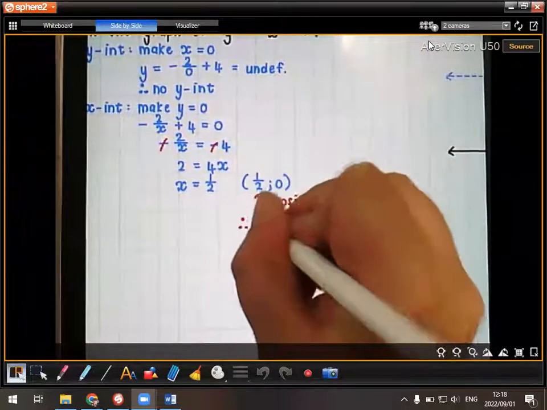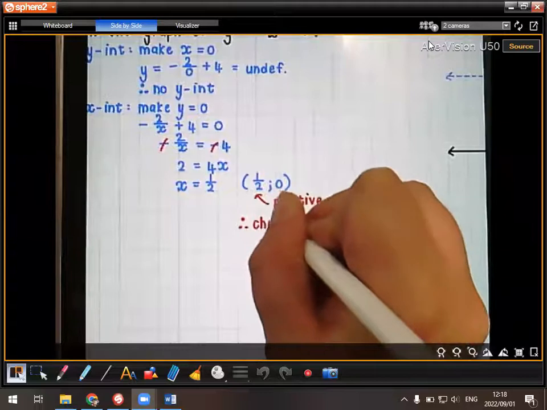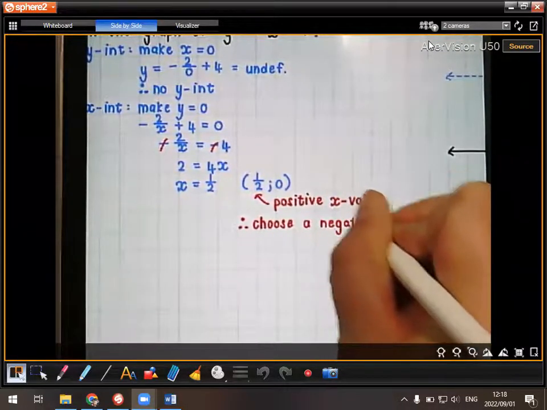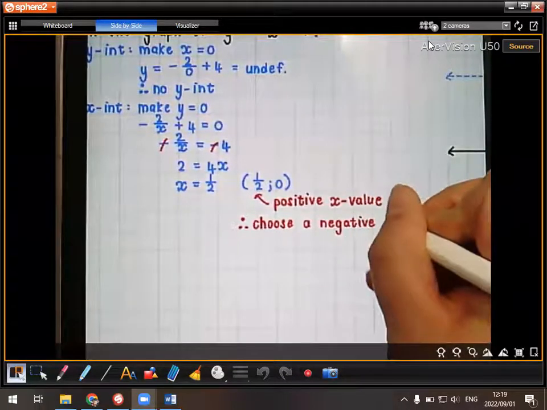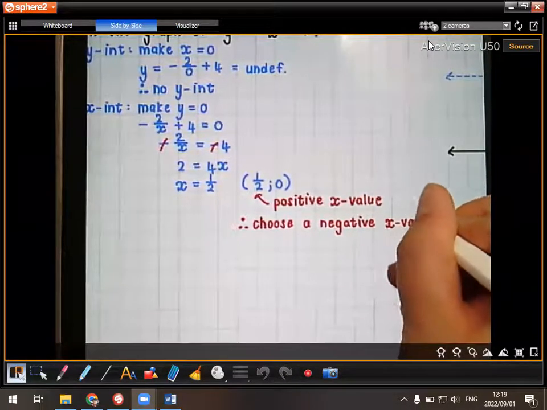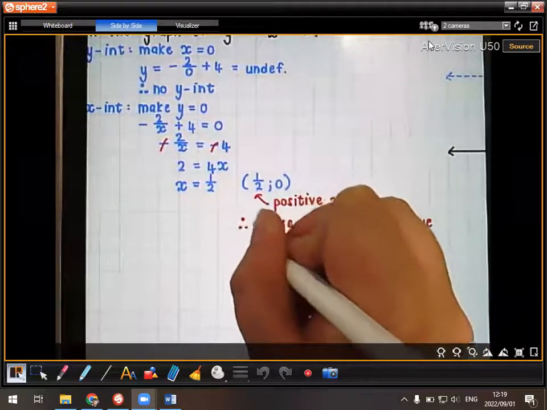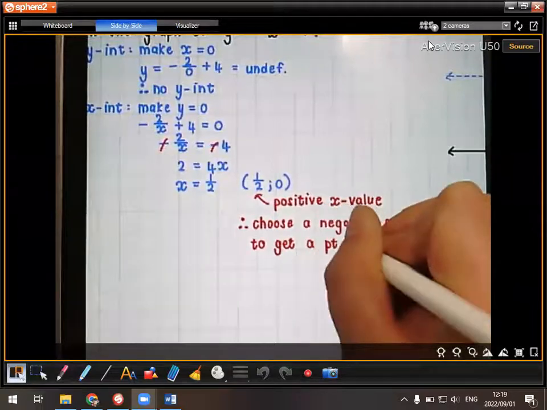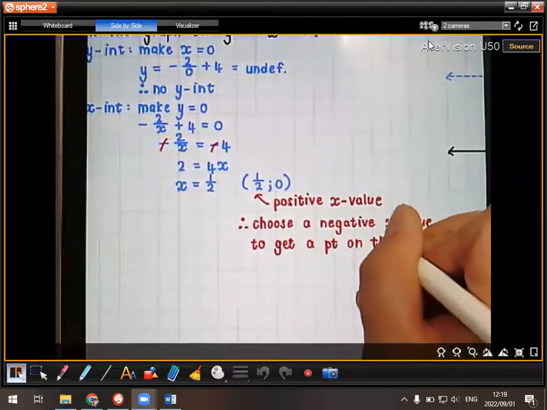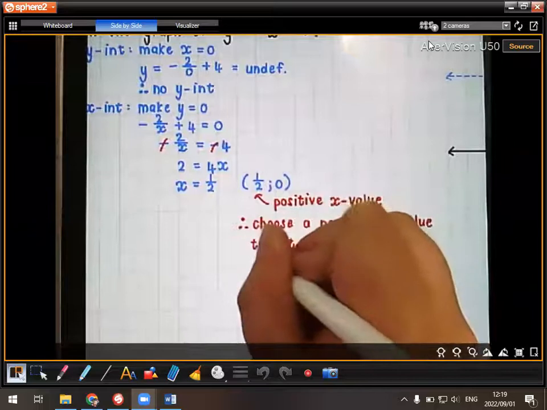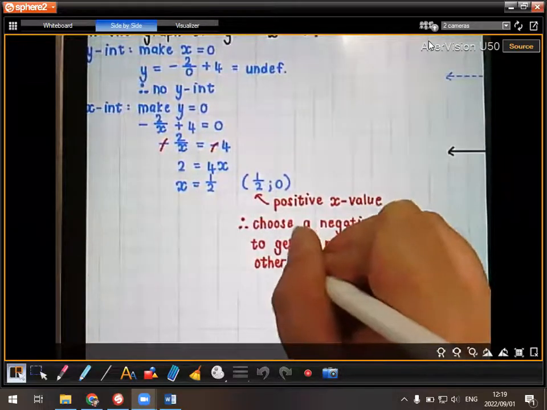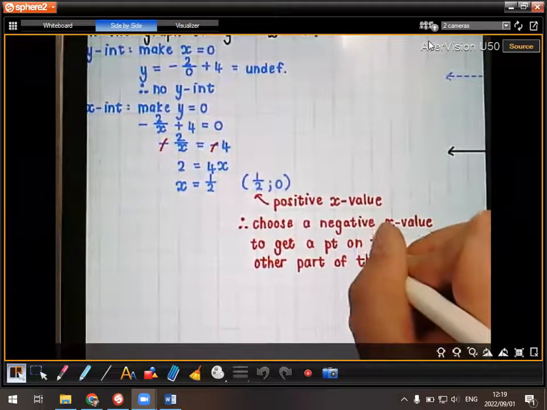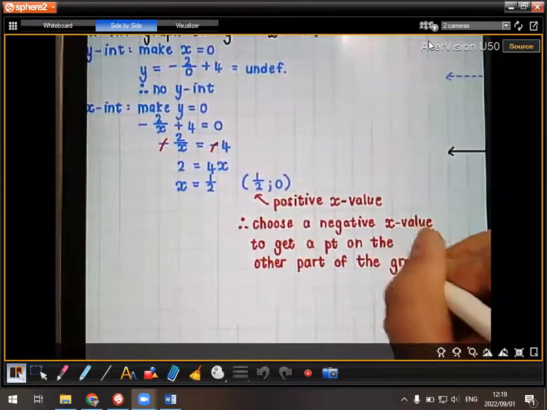So therefore, choose a negative x value to get a point on the other part of the graph. Sorry, it's a bit long-winded.